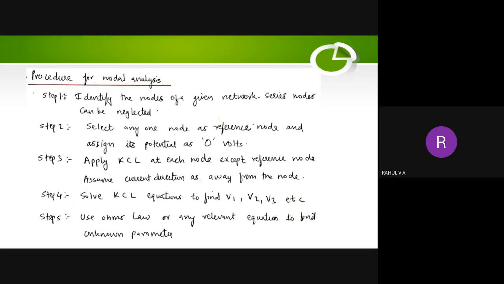So you will get voltages V1, V2, V3. V1 is the voltage at node 1, V2 is the voltage at node 2, V3 is the voltage at node 3. Then it depends on the question. If they have asked for voltage, you can directly write the voltage. If they have asked for current, you can find it using Ohm's law.